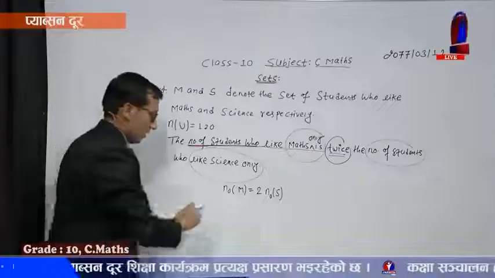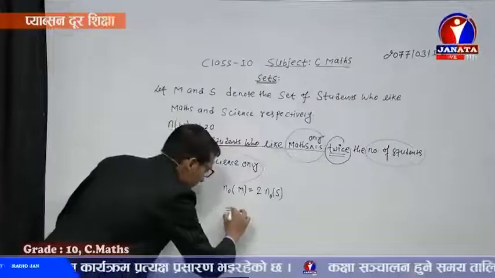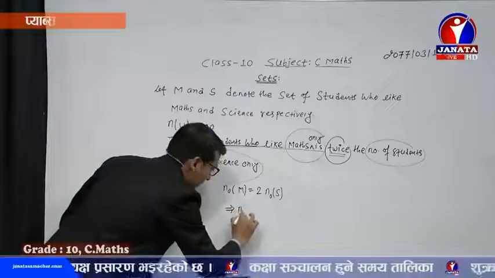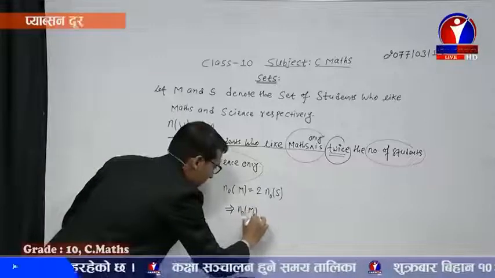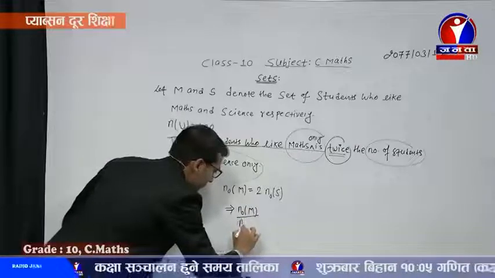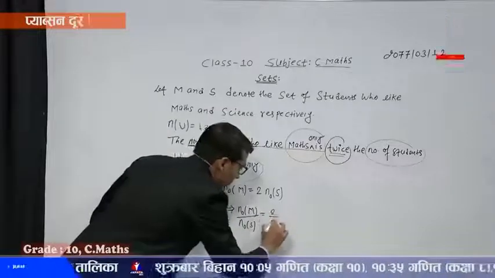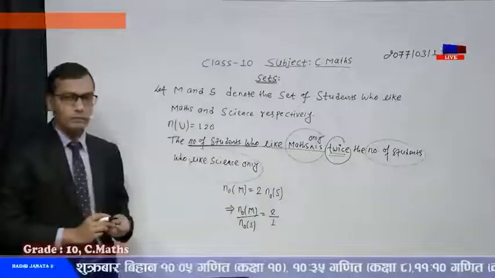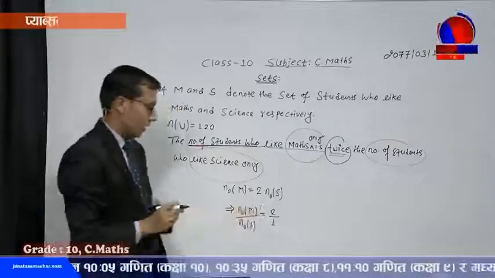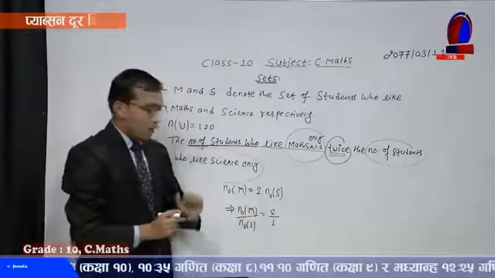We can rewrite n only M over n only S, what is the ratio? 2:1.